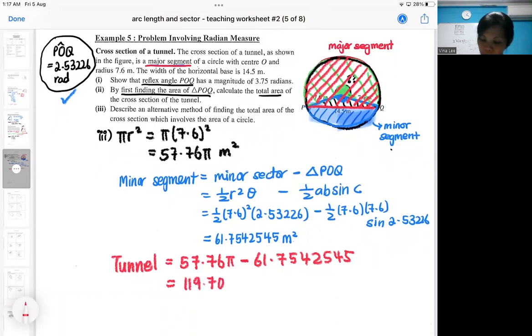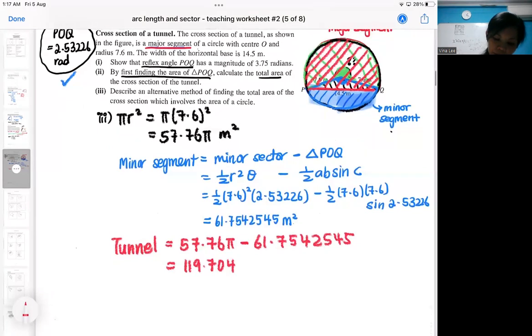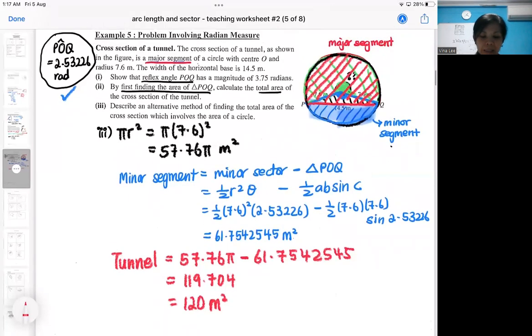So in this part, it seems like it differs a bit from the answer. Let me see, now I'm getting 120 compared to the 125. Sometimes different method might give a bit of discrepancy. So let me check. Did I make any careless mistake?